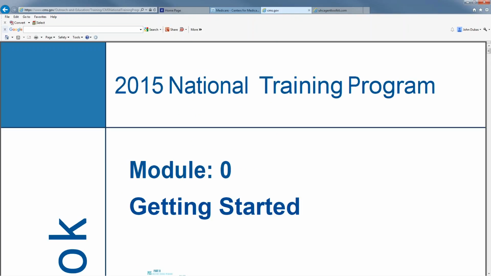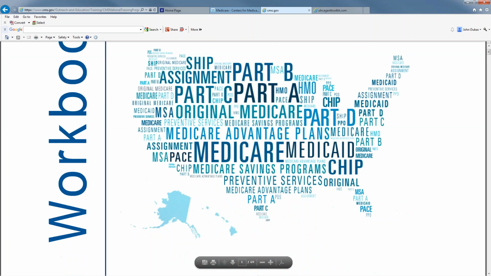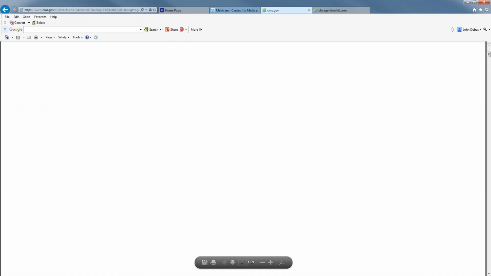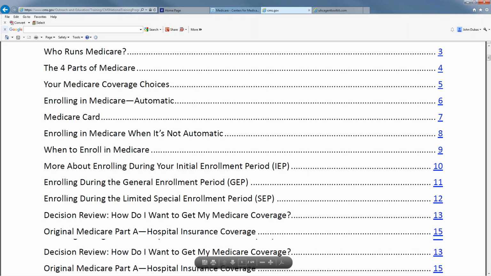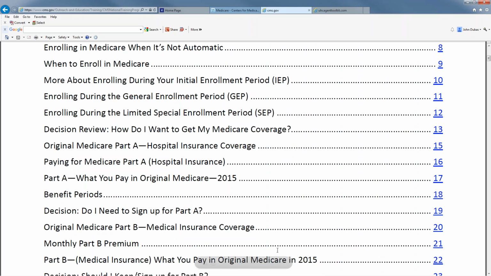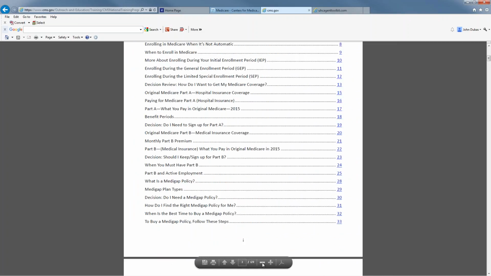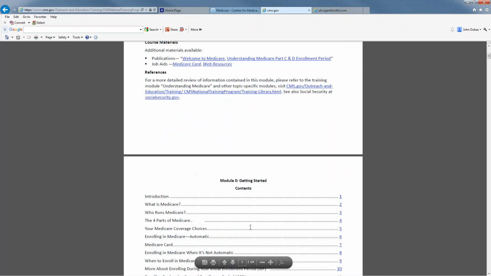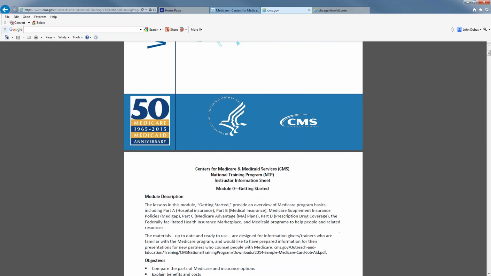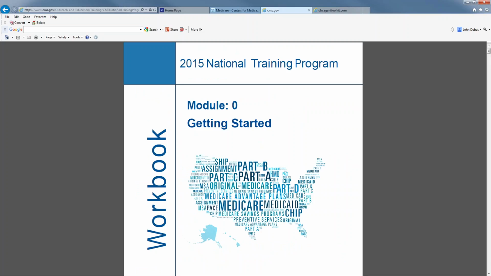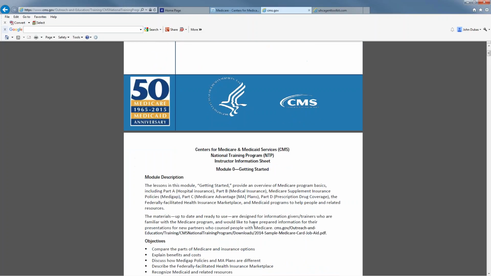The challenge with this is you can pass out these workbooks. Have you noticed any place where you can go to order them? Nope, there isn't. And if you did, you can take the PDF of this and print it. That's an out-of-pocket cost for the programs. The government doesn't cover it for you.